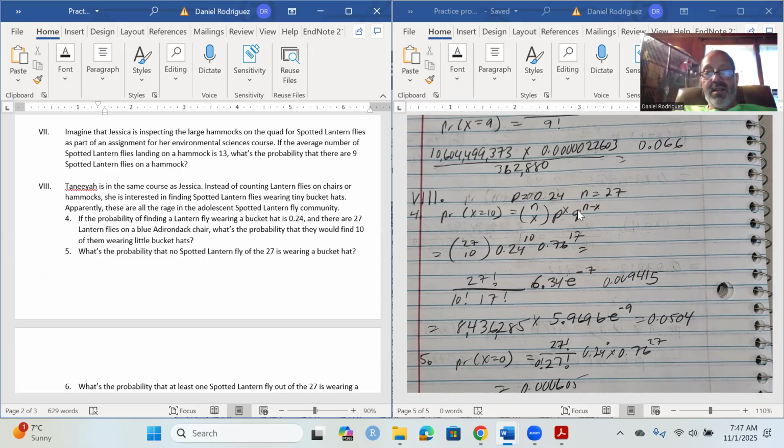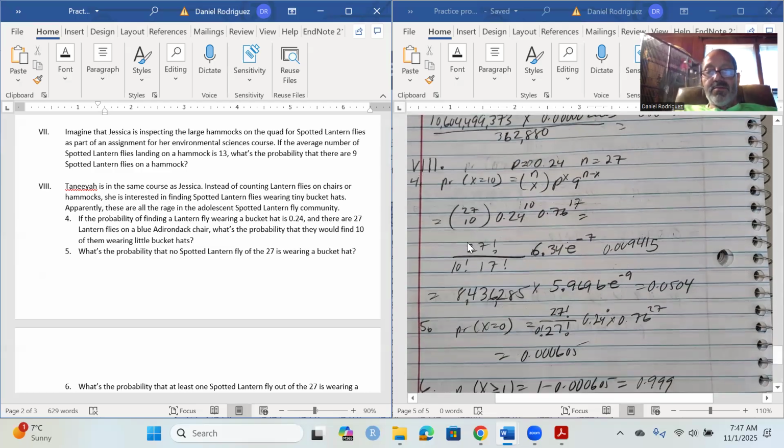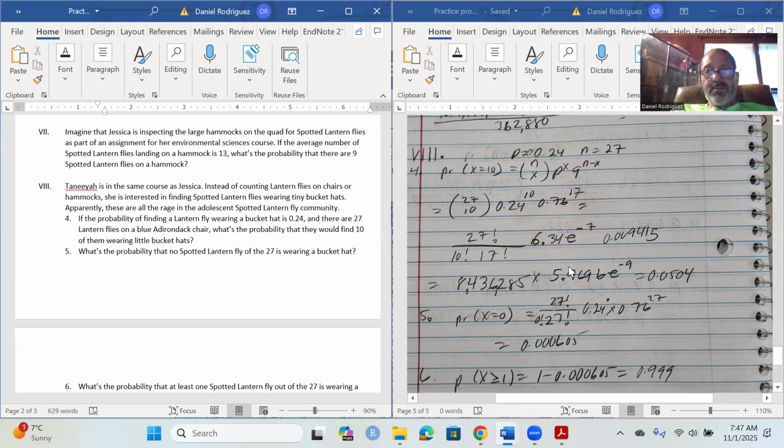We just use it for shorthand, to the n minus x. So here we get 27 choose 10, and we just work this out, right? Carefully. And if you recall, this here is n factorial, or 27 factorial, divided by x factorial times n minus x factorial.